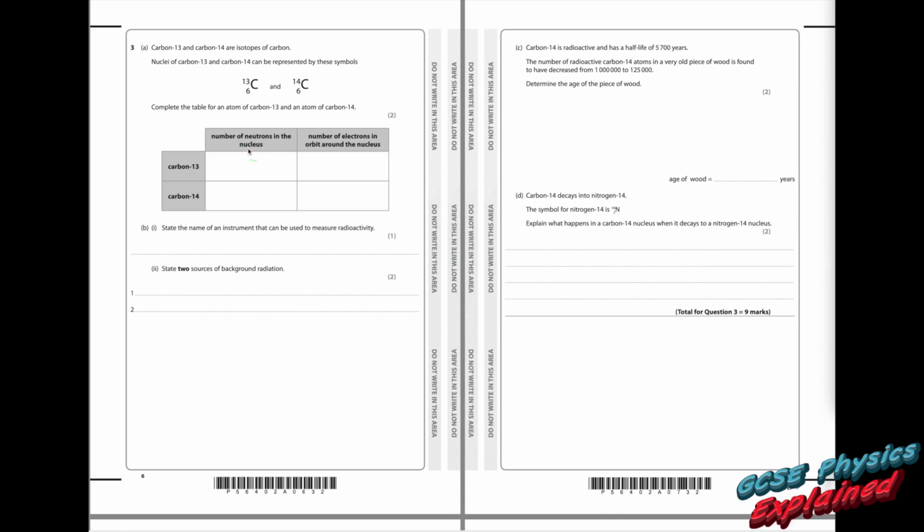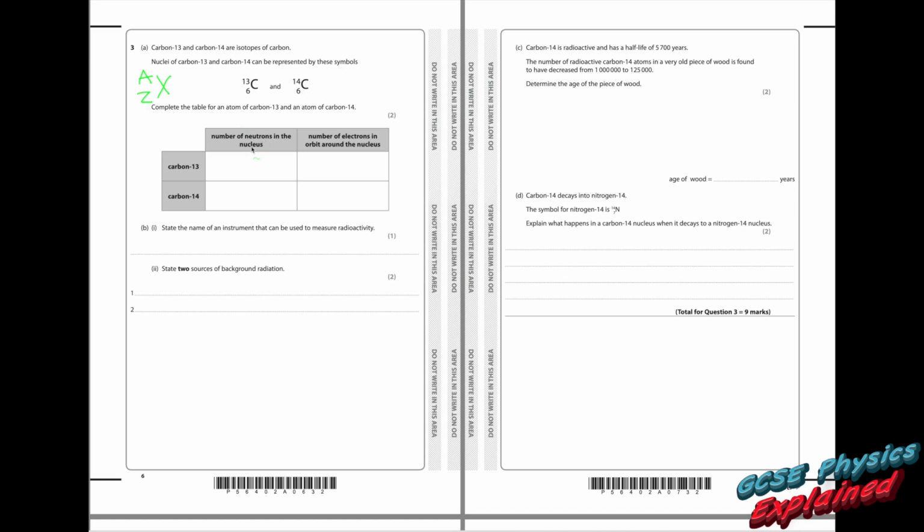Number of neutrons in the nucleus. So what they're looking for is that you understand A represents the mass number, which is the number of protons added to the number of neutrons, and Z represents the number of protons, the proton number, or what we call the atomic number.